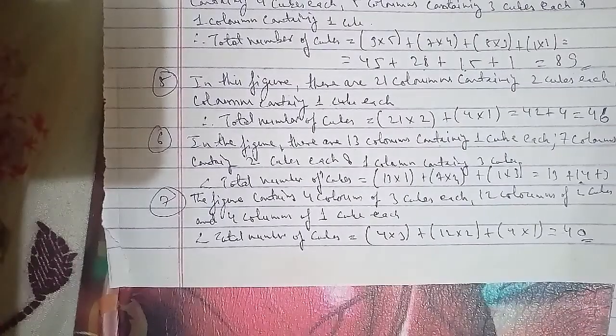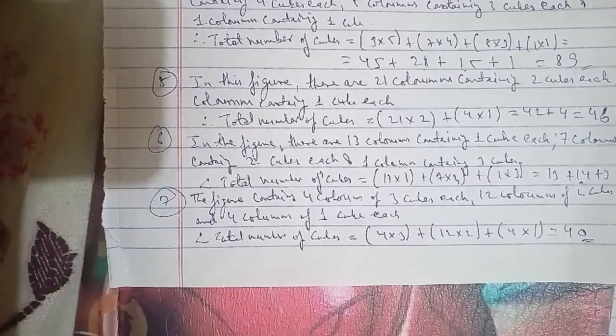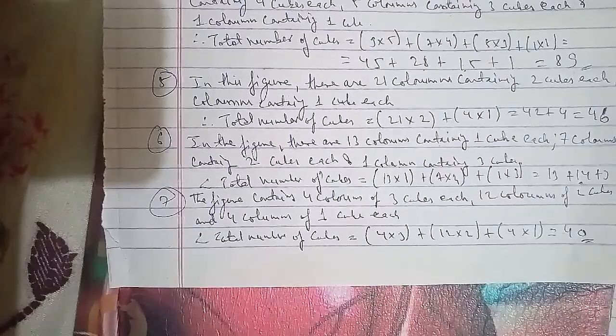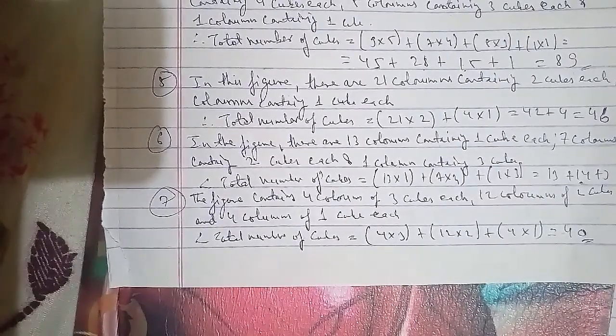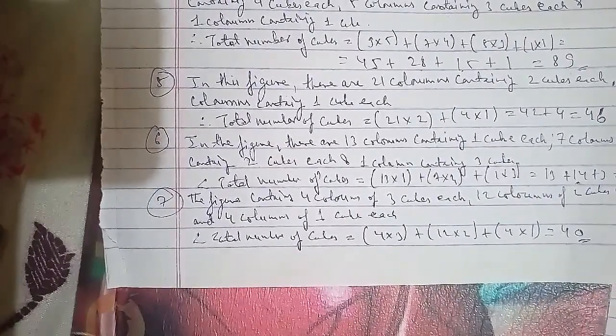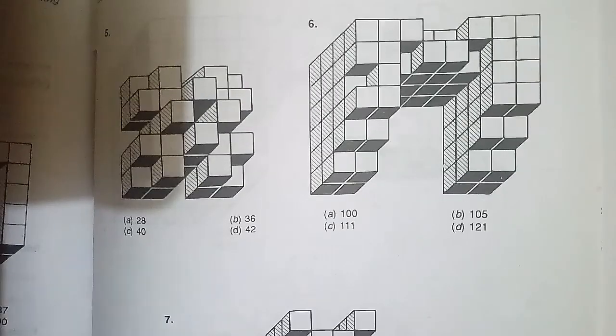This has been the figure containing 19 columns of 4 cubes each, and in the same case 9 columns of 3 cubes each and 4 columns of 2 cubes each. So the total number of cubes is 19 into 4, that will solve it out as well.